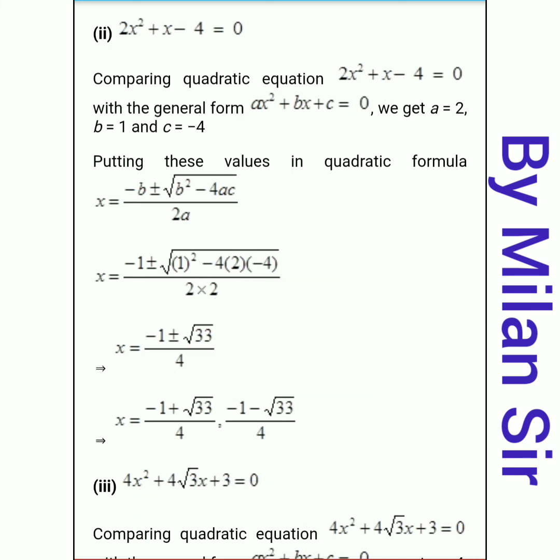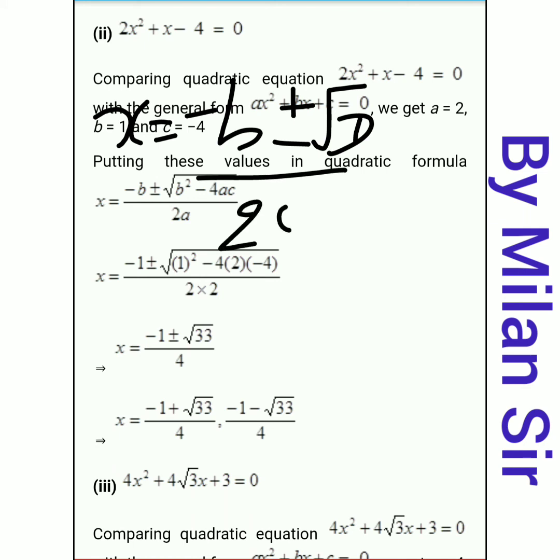Now we need to use our formula, x is equal to minus b plus or minus under root d divided by 2a. Okay, so under root d is equal to plus or minus under root 33. But here we put the sign in the formula, plus or minus under root d, right? So we need to write only the positive answer.